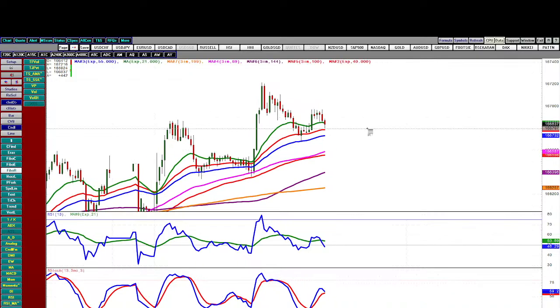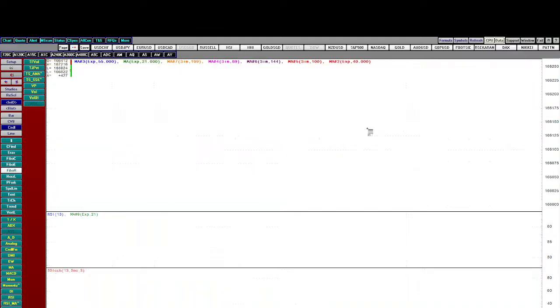Okay, the next one would be pound yen. Pound yen is also a buy, so we are going to go for GBP JPY.